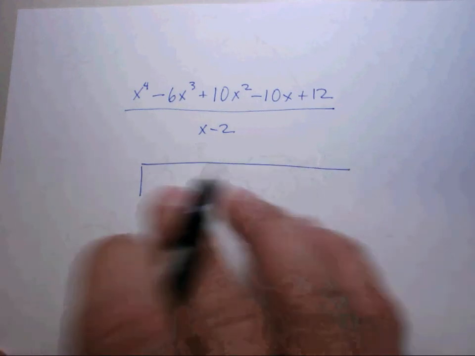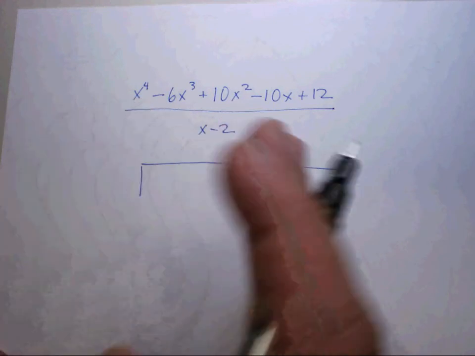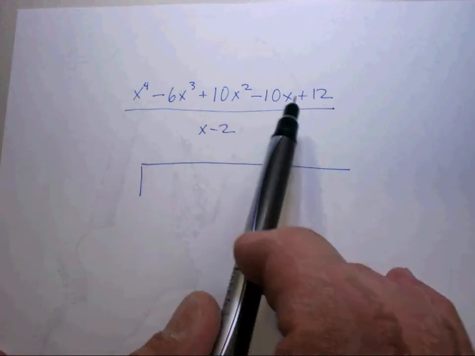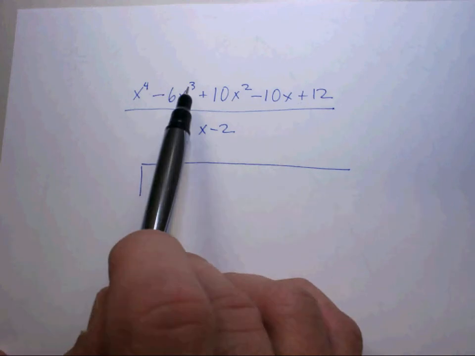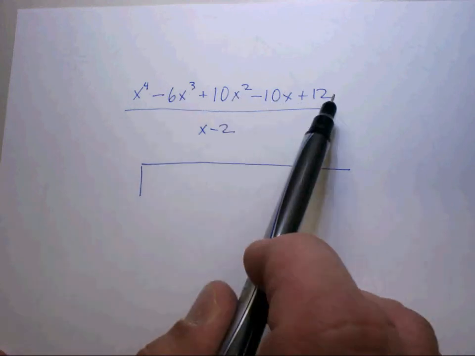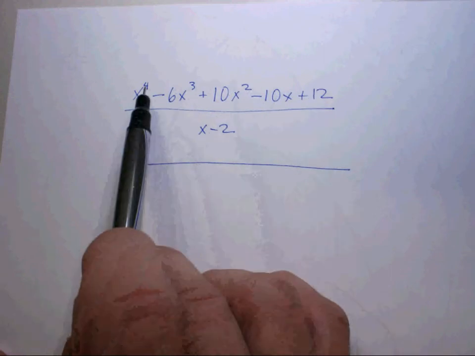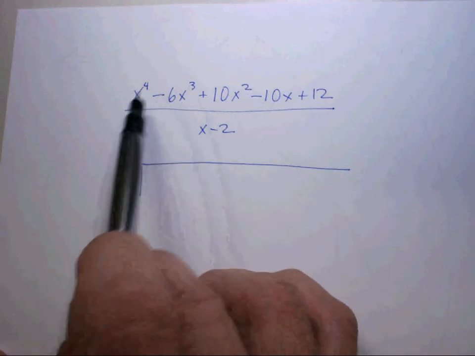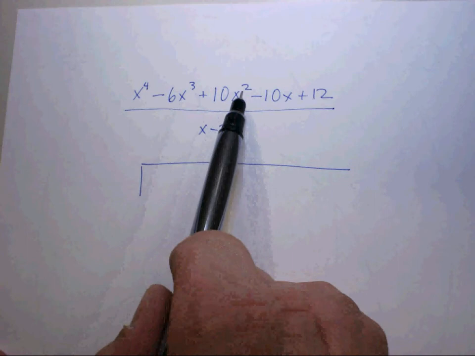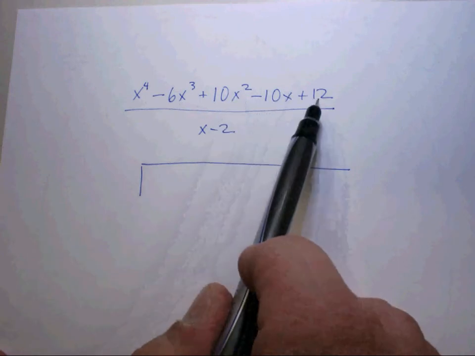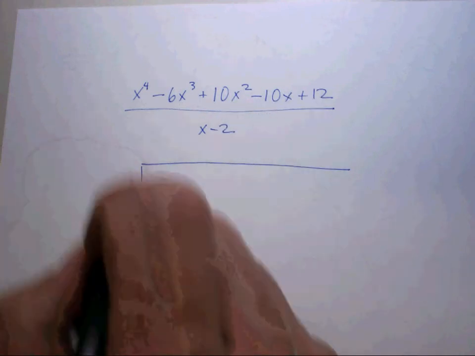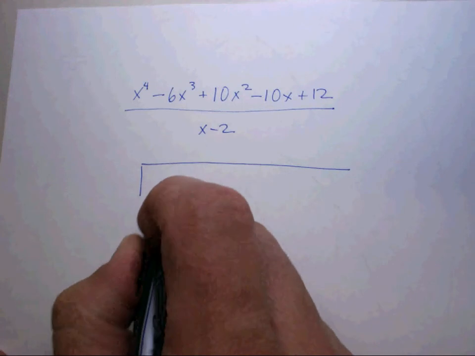You know, you have to have certain columns, like a hundreds column, a tens column, a units column, except in this case, your columns are determined by the exponent in your terms, and you need to have all the columns present. So x to the fourth, x to the third, x squared, x to the first, and then your constant.